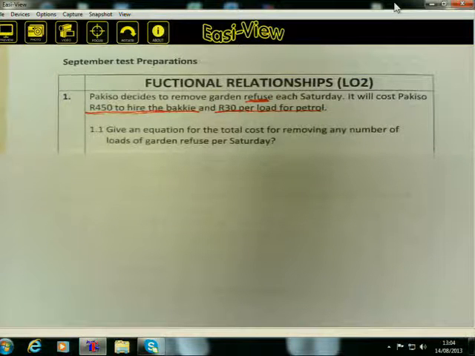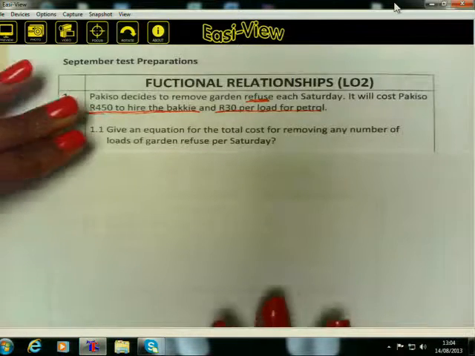Moving on, the first question, 1.1, says, give an equation for the total cost of removing any number of loads of garden refuse per Saturday.